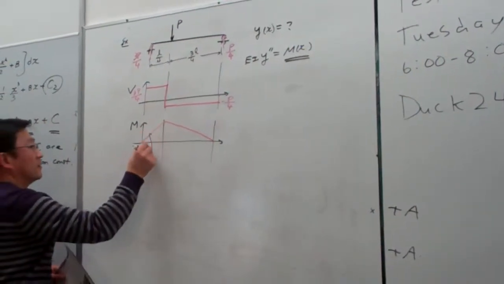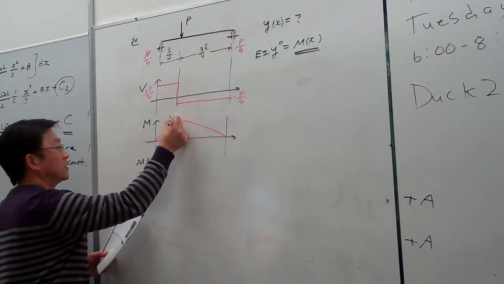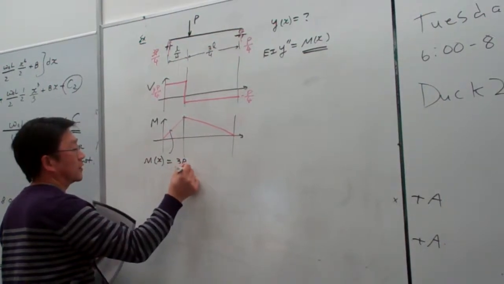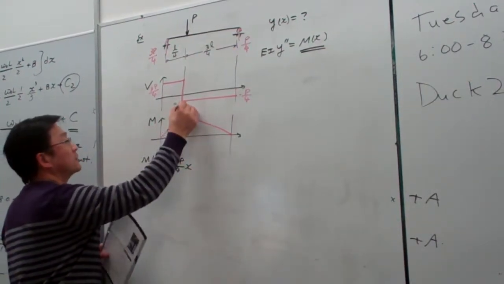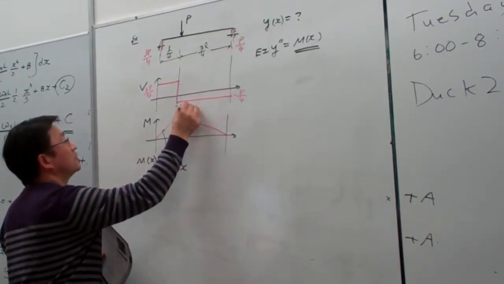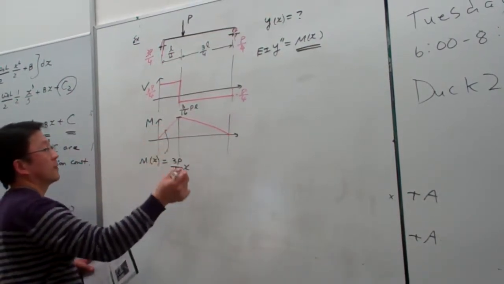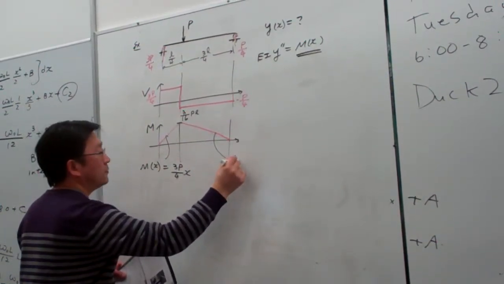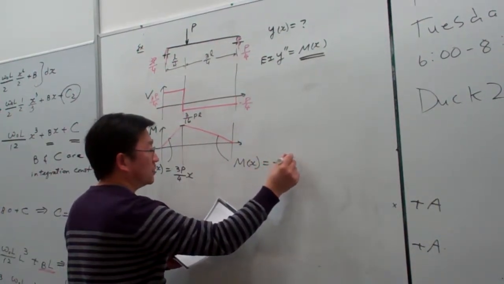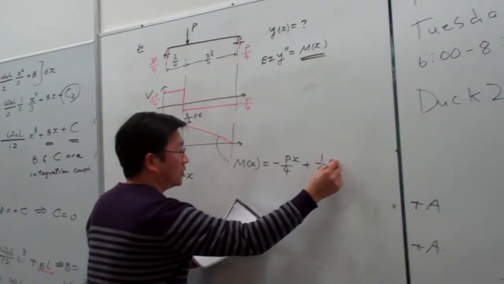So for this one, the bending moment M of x will be equal to, we do this carefully, the magnitude will be 3P over 4 x. Okay, so this is the 3PL over 16, this value here. And for this one, the M of x will be equal to minus Px over 4 plus PL over 4.